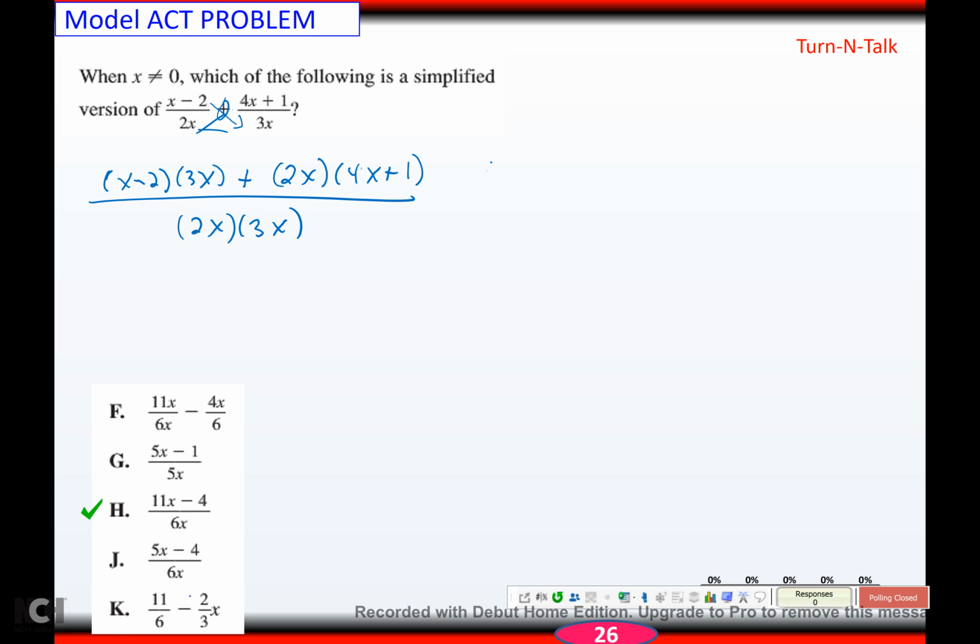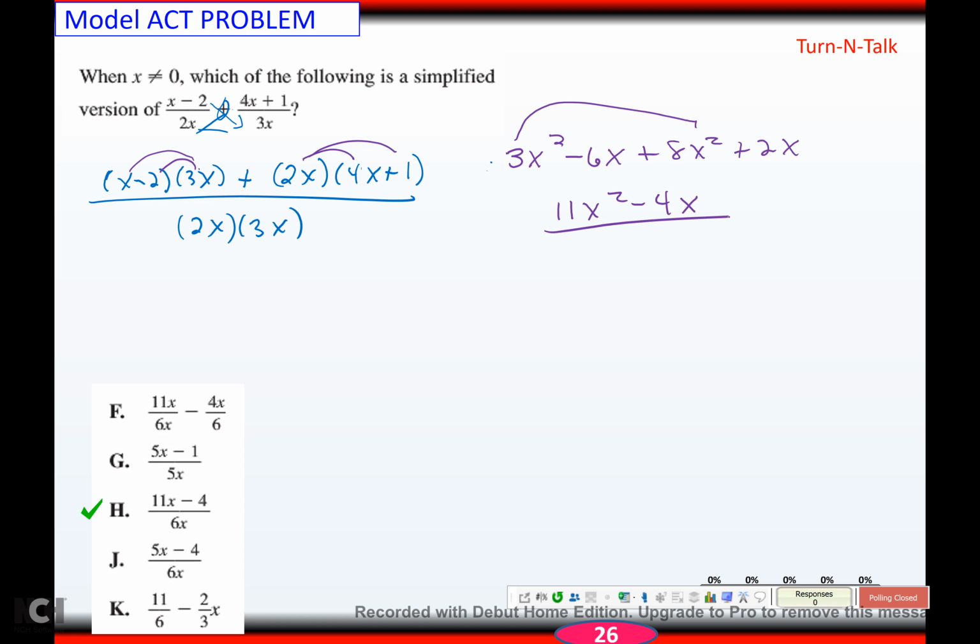Depending on how you want to solve this, I can distribute, and that would give me 3x squared minus 6x. Distribute here would give me positive 8x squared plus 2x. Combine like terms, I would get 11x squared minus 4x all over 6x squared.